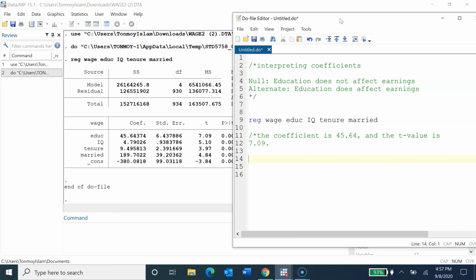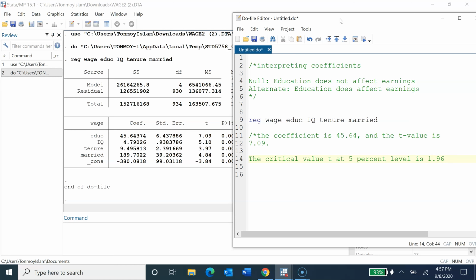So as we said in class, for a 95% significance level, or if we want the critical value to be at 5%, the critical value of t at the 5% level is 1.96. So it's plus or minus 1.96.